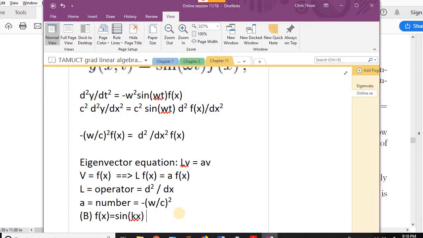Is it omega? Up on top it's omega t, but we're not dealing with t. We're dealing with f of x, with nothing to do with t. T is not in this equation anymore. The question is, does this function satisfy this equation?